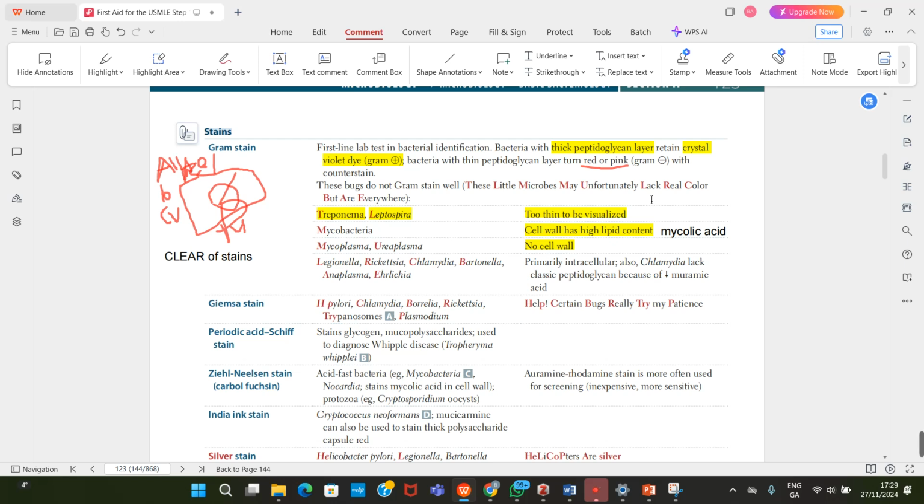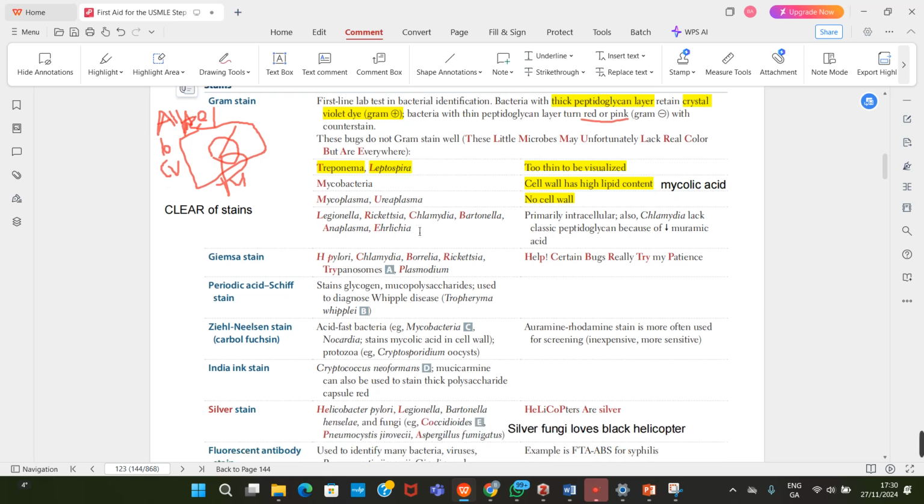No, I should be saying mycobacteria, because there are so many things that fall under mycobacteria: Mycobacterium leprae, which is leprosy, Mycobacterium avium. All of them have a very high lipid content, mycolic acid, that does not allow them to pick up any stain. They don't pick safranin, they don't pick crystal violet, they don't pick anything except some specialized stains. So that is why they cannot be seen on Gram staining.